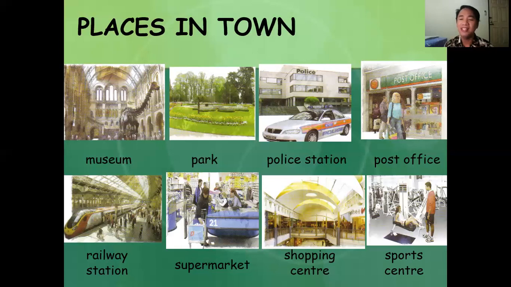Okay? So these are the places that we can find in our town. We have the museum, the park, the police station, post office, railway station, supermarket, shopping center, and sports center or gym. Okay?